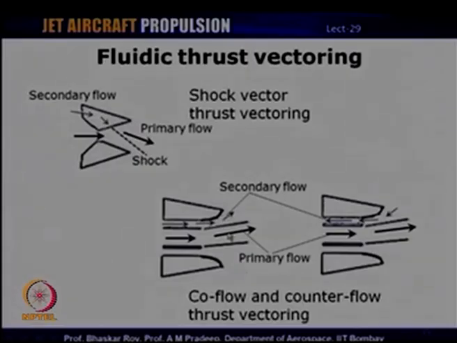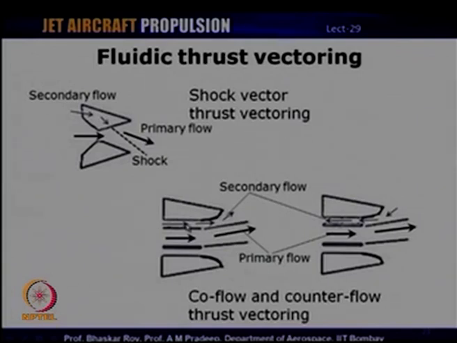The other concept is to use co-flow or counter flow thrust vectoring using what are known as coanda surfaces, using the coanda effect. That is, if you inject a secondary fluid along the walls of the nozzle, it will tend to deflect the primary flow towards that direction, and that is basically because of the coanda effect.